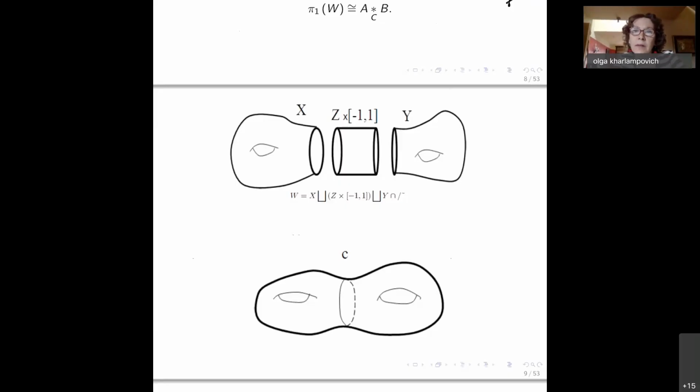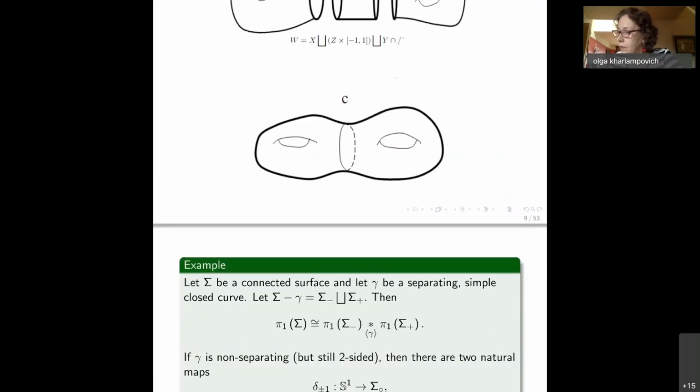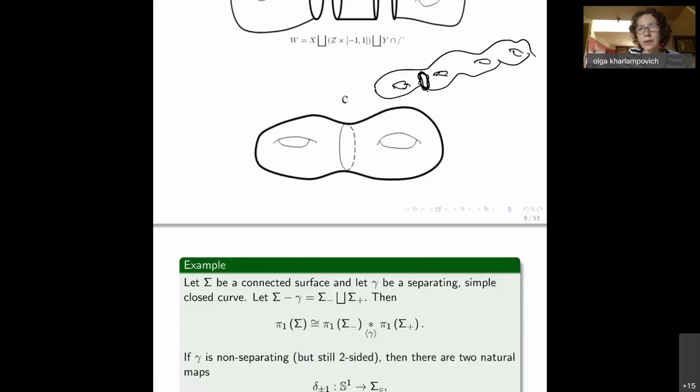So basically I can generalize this. If you take any connected surface, not necessarily of genus 2, and take gamma to be a separating simple closed curve, something like this, then the fundamental group of this surface can be obtained as an amalgamated product of the fundamental group of this subsurface and the fundamental group of this subsurface, amalgamated over a cyclic subgroup.